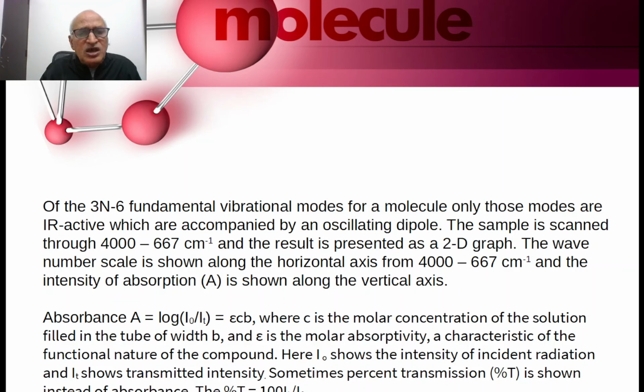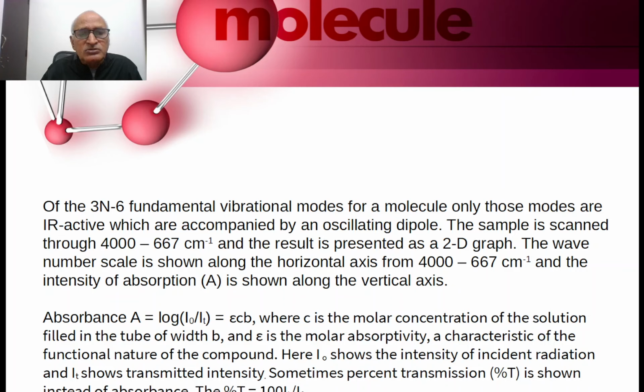Then the decadic log I0 by IT defines absorbance, which is also equal to epsilon Cb. It is the familiar Lambert-Beer law. Here C refers to the molar concentration of the solution sample, which is filled in the tube of width b, and epsilon is the molar absorptivity, the characteristic of the functional nature of the compound.